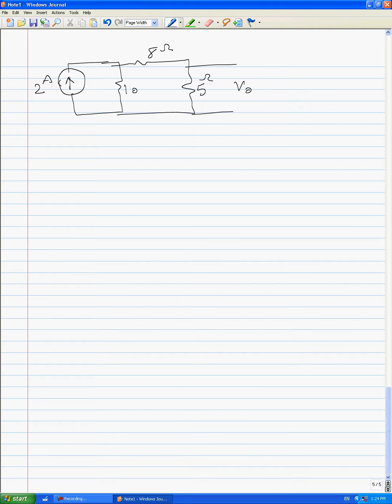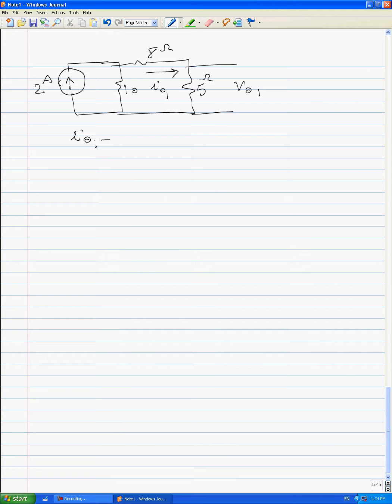Okay, for part 1, let me draw the circuit again. We have 2 amps here, 10 ohms here, 8 ohms, and 5 ohms here, and also here we have V out 1. We can use the current divider rule to find this current, for example I out 1.